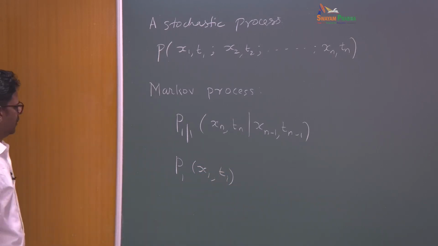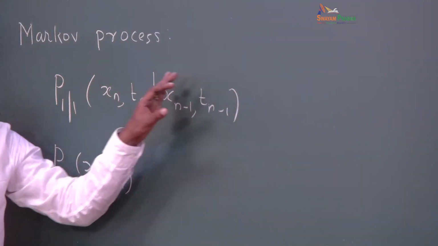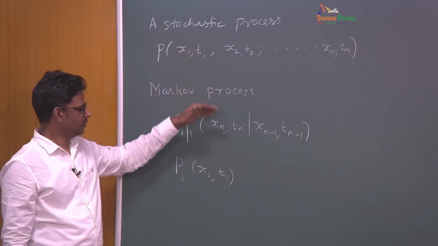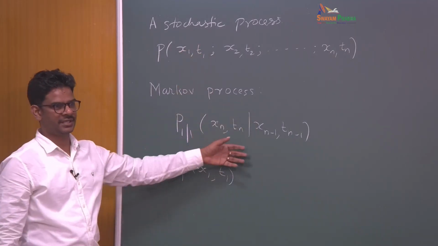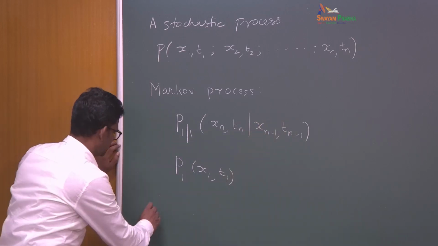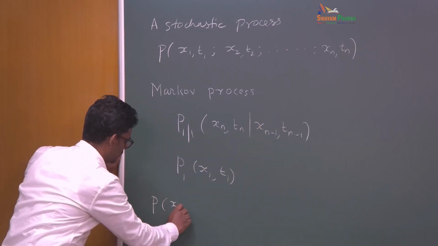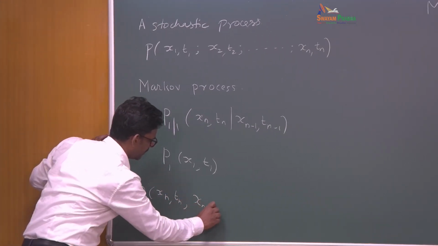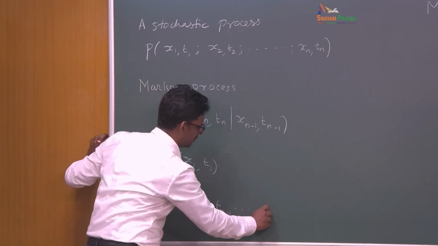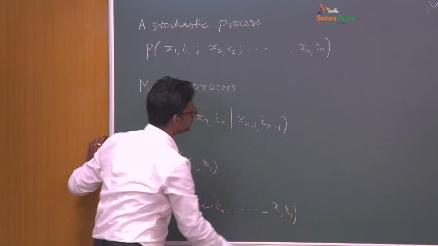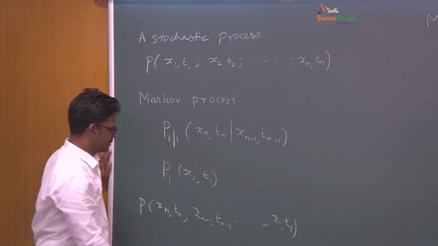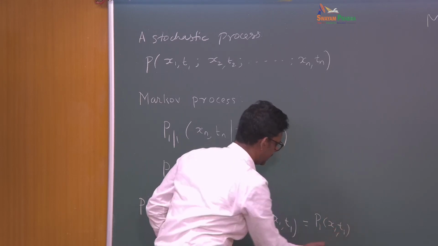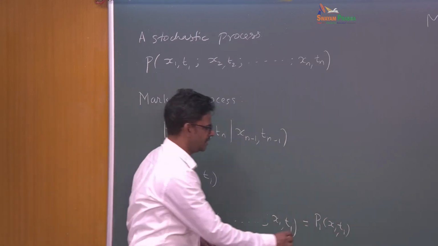So we are saying that once we have this kind of Markov property, then we can construct the joint distribution function through a product of many transition probabilities. If you want to write P of xn tn, xn minus 1 tn minus 1, all the way up to x1 t1, you basically write this as p1 x1 t1, as if this is the initial state specified, and then a product of transition probabilities.